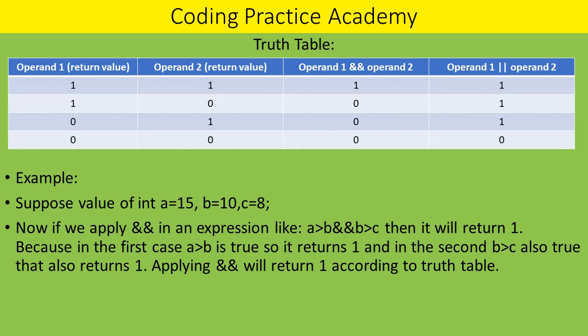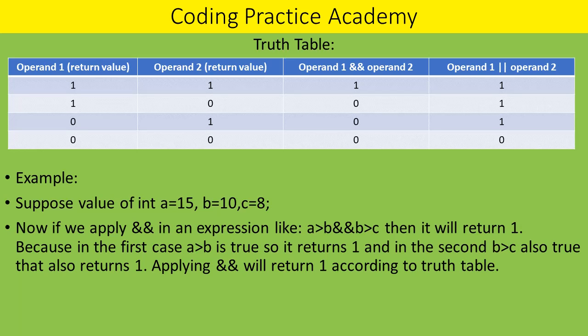In the first case it is true, and for operand 2 it is 0, that is false. Now if we apply the logical operator between one true and another false, it will produce the result 0 because we are applying the AND operator. Whereas if we apply operand 1 value as true and operand 2 value as 0 and we apply the logical operator OR, then it produces the true value.